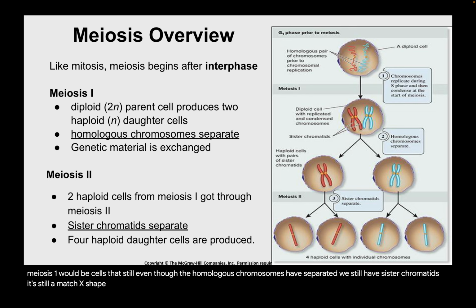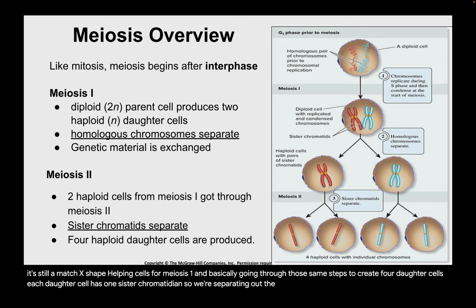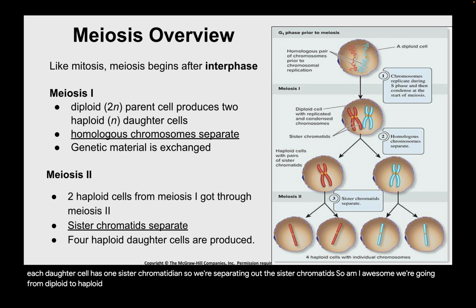Meiosis 2, we're taking the resulting cells from meiosis 1 and basically going through those same steps to create 4 daughter cells. Each daughter cell, right, has 1 sister chromatid in it. So we're separating out the sister chromatids.